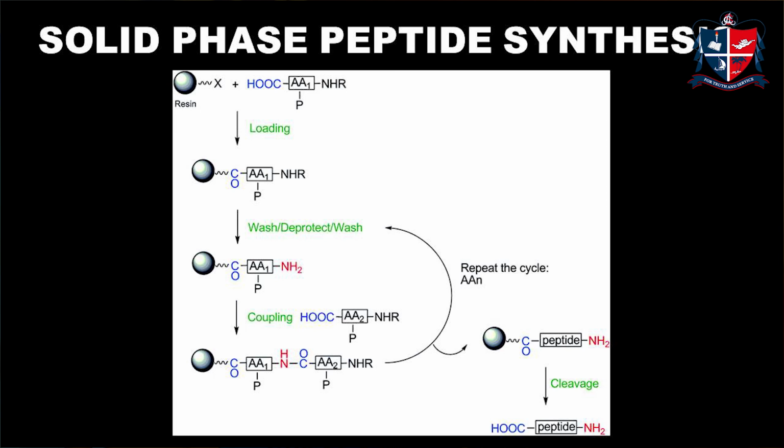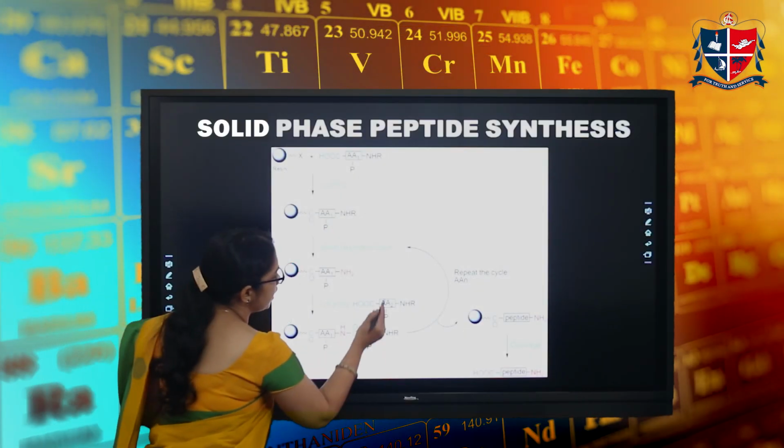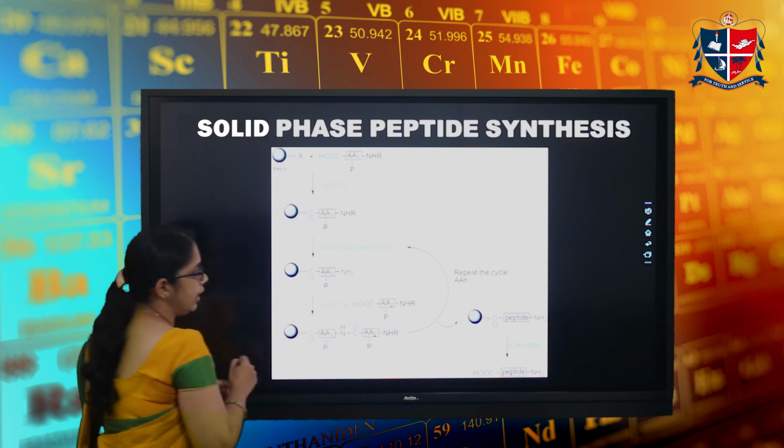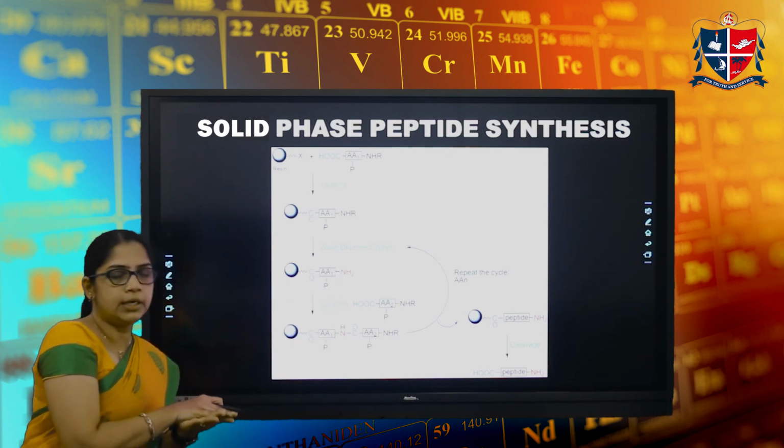You can see the NHCO peptide bond formed here. Again this step is repeated: wash the resin and deprotect the NHR, which becomes NH2. After deprotection, couple with the third amino acid.